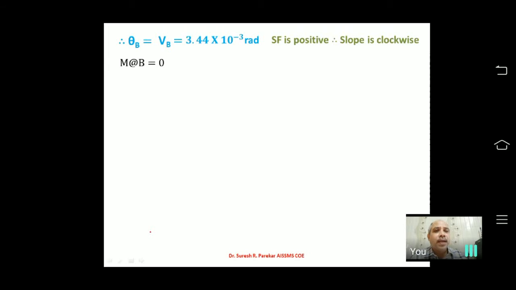Now we will go to moment about B = 0, and we are taking the right portion. So now what we have on the right? We have one triangle, that is 1/2 into 80 upon EI, and if I plot it, we have this triangle over here.